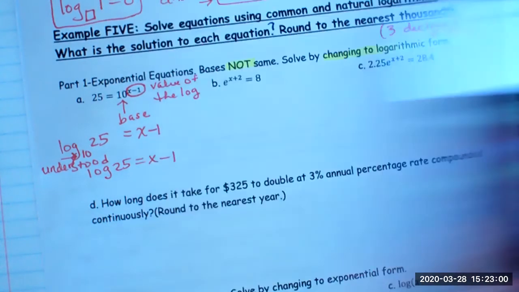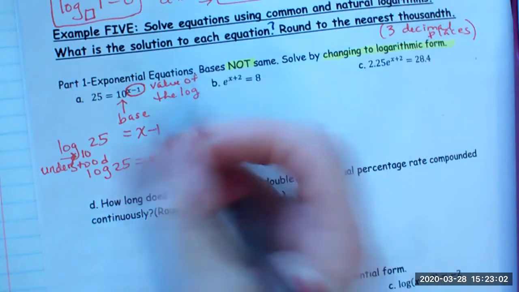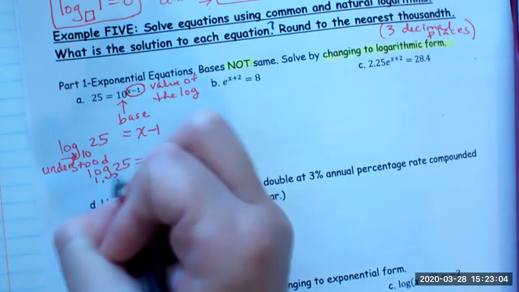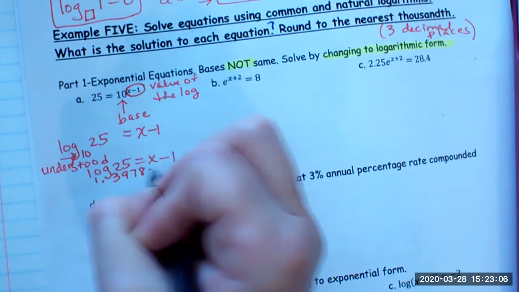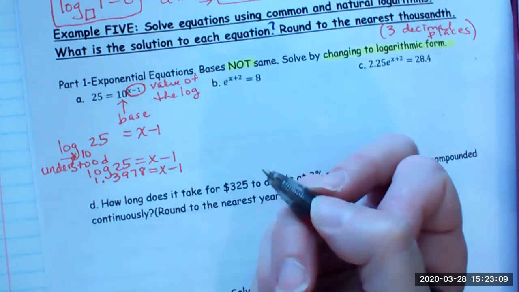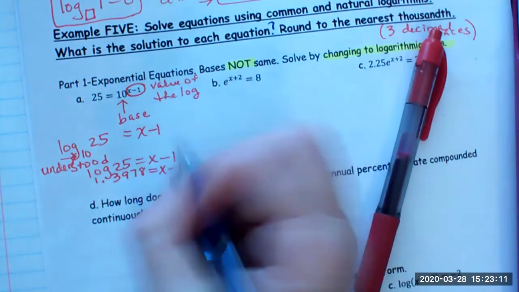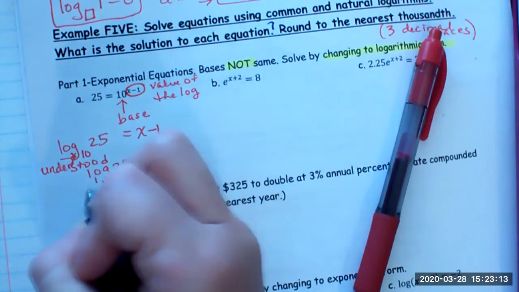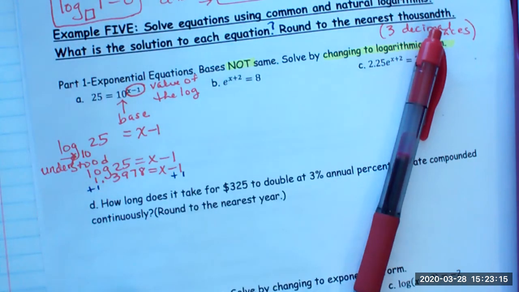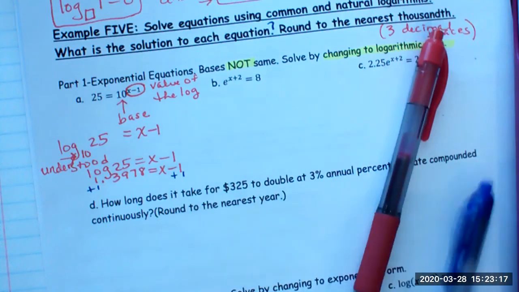So I've got 1.3979 equals x minus 1. And of course, if I just add 1 to both sides of the equation, that's going to give me my final value of x.